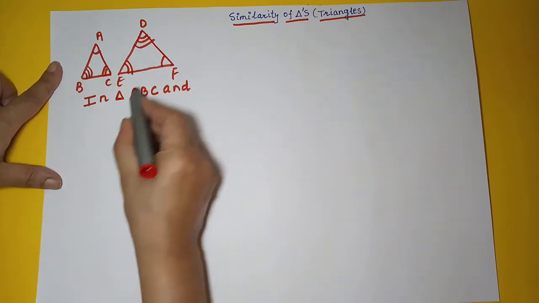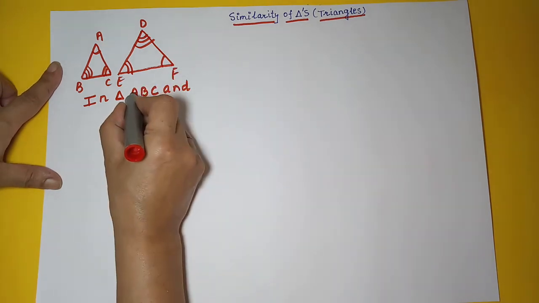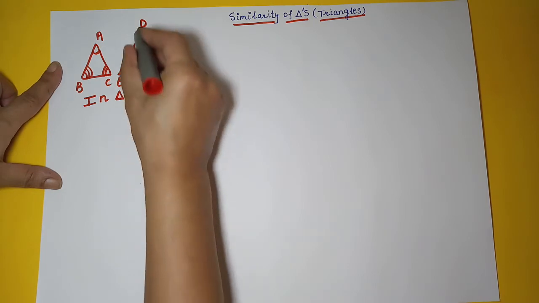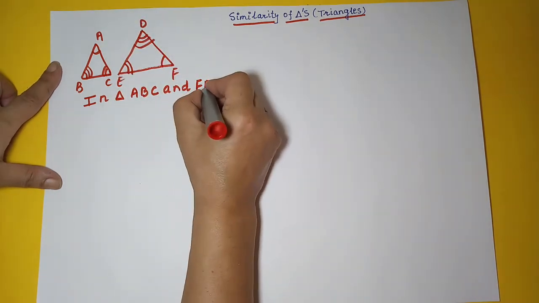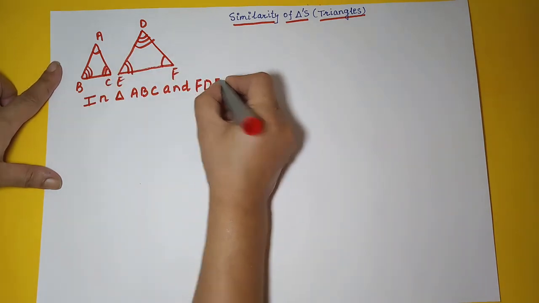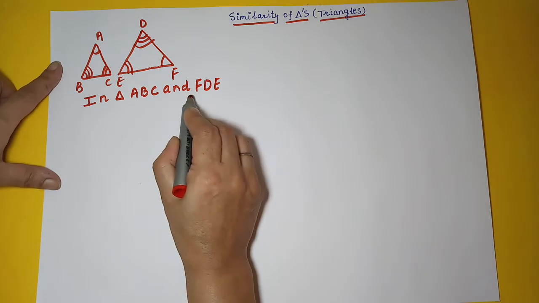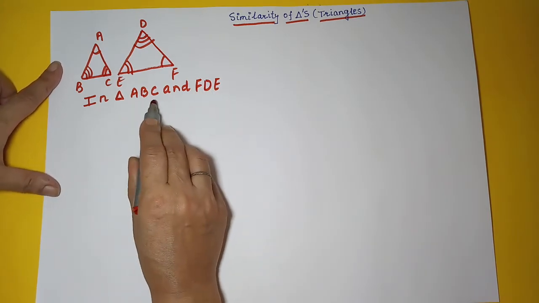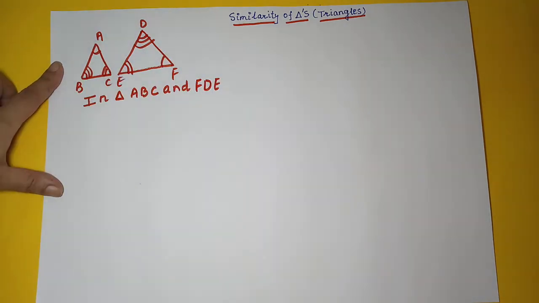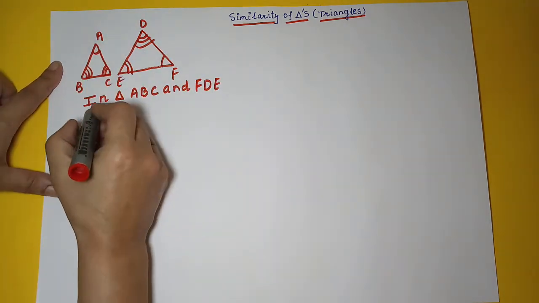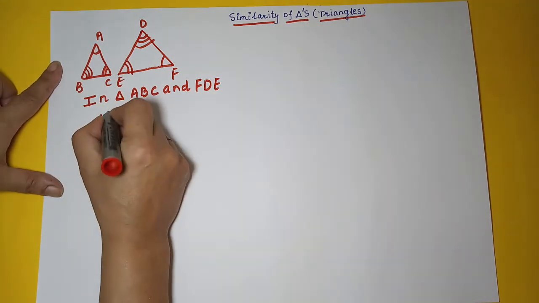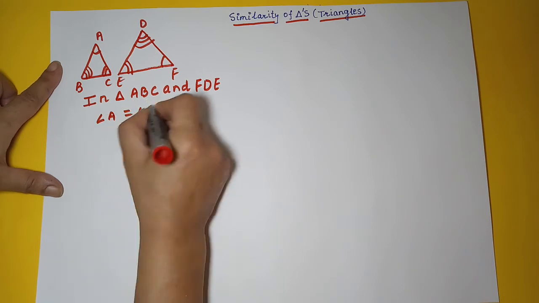Suppose A is equal to F, so I have written A here, I will write F first, then B is equal to D, so I will write F, D, and C is equal to E, F, D, E, right? If you name it like this, then it will be easy for you to put their corresponding sides proportional, right? So then we will write in triangle ABC and FDE, angle A is equal to angle F.